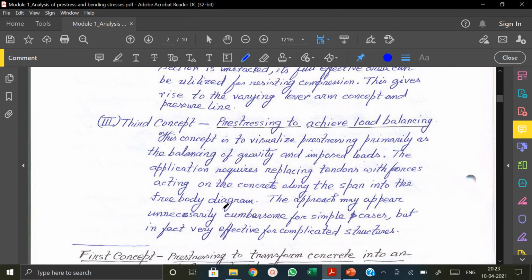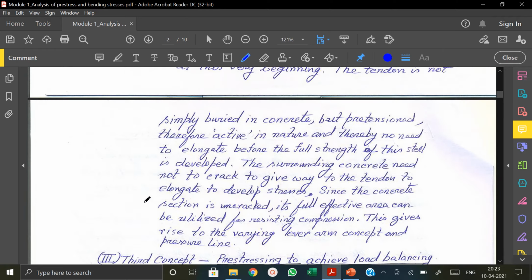At any section we'll draw the free body diagram, and the externally applied load will be used for analyzing. This approach may appear unnecessarily hard for simple cases, but in fact it is very effective for a complicated structure, whereas for a small structure it is a very tedious job.